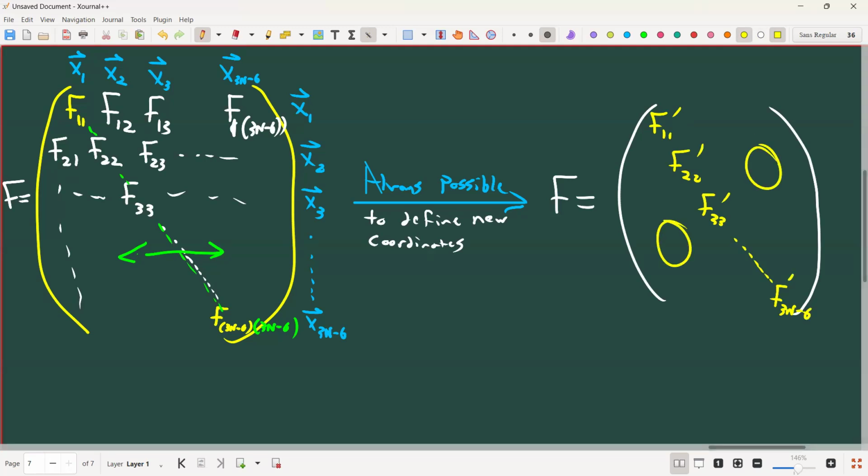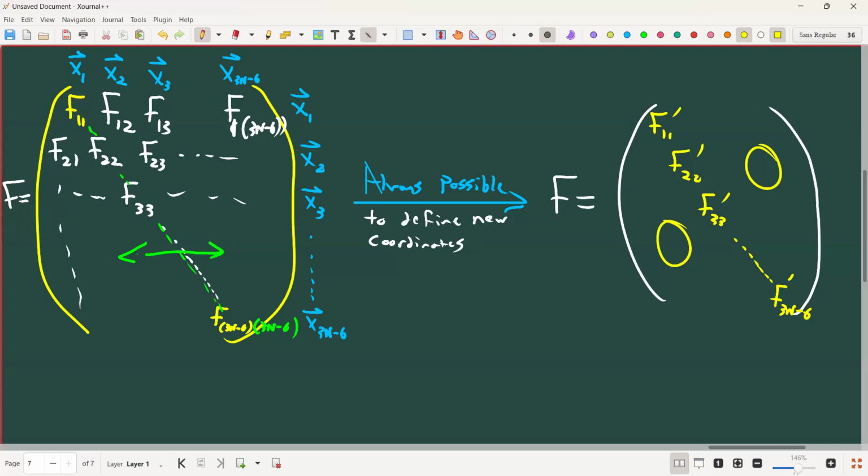These are some new collective coordinates of all of our atoms. All right, so it's some other different motion of atoms. They're all collective, but they're collective in such a way, right? What does this mean? This means that the only thing that one motion depends on is itself.